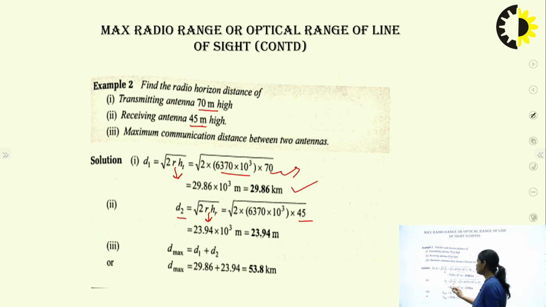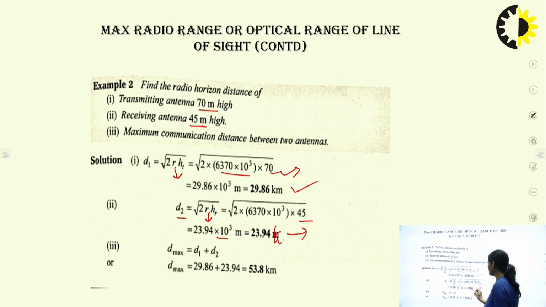So you can find out d2 is equal to 23.94, right? And d1 is equal to 29.86 kilometer. This is not in meter, this is in kilometer, because here 23.94 into 10 to the power 3 meters. So convert it in kilometer, you will get here 23.94.